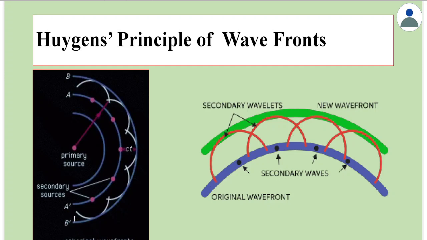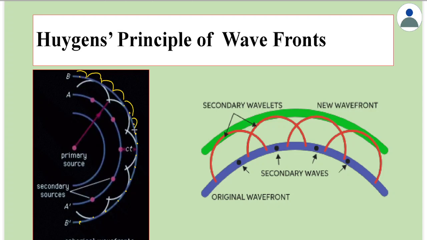Now this B dash in turn acts as primary for the next wavefront, which means every point on this B dash acts like a source of secondary disturbance and produces secondary wavelets. We get secondary wavelets everywhere.